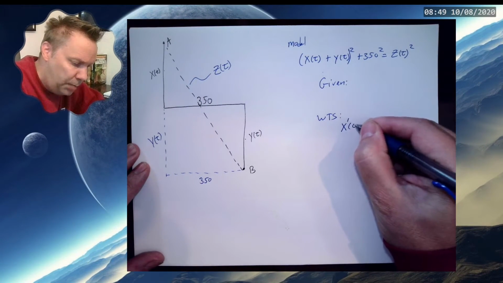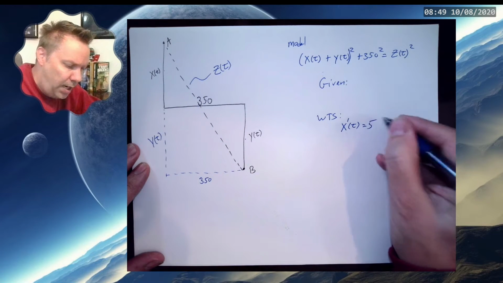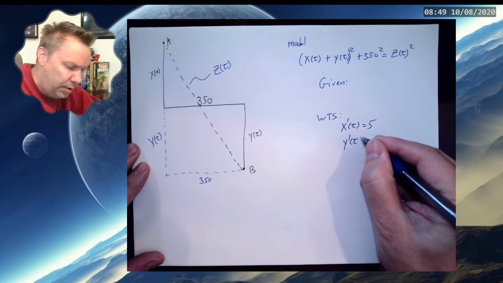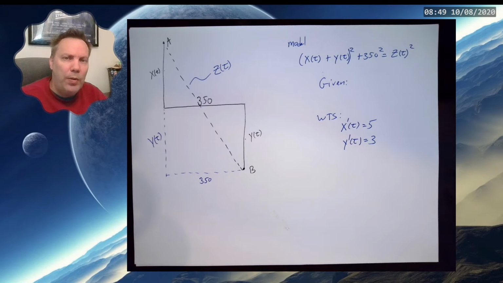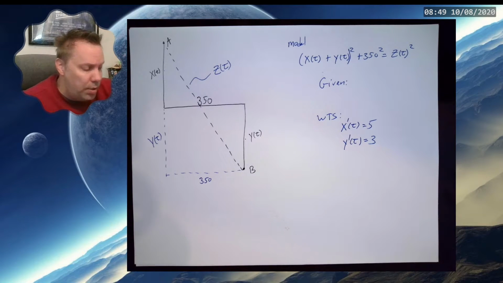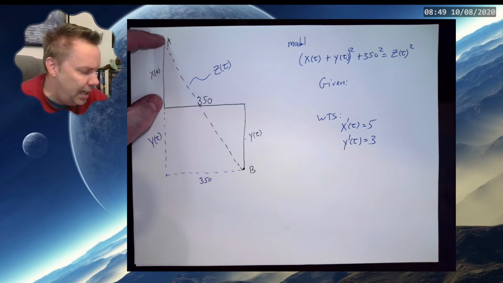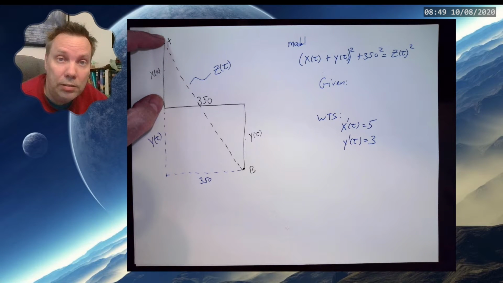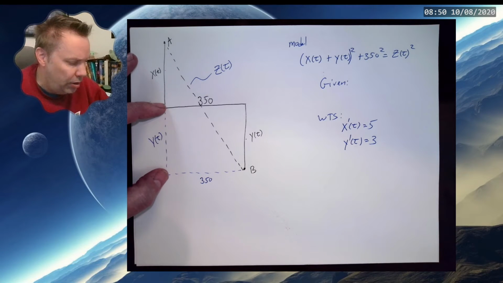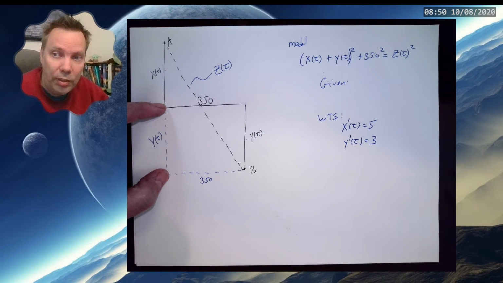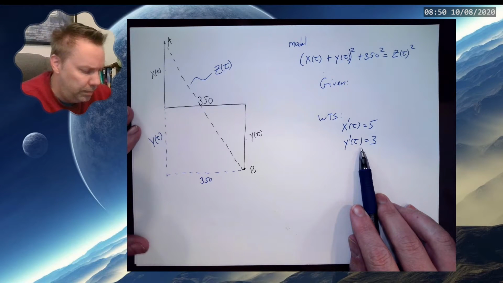This says x prime of t is equal to 5, y prime of t is equal to 3. Even though they're going in different directions, both of the derivatives are positive because x prime of t is measuring this distance. And is this distance getting larger? Well, yes, it is. Is this distance getting larger? It's also getting larger. So therefore, both of these are positive.